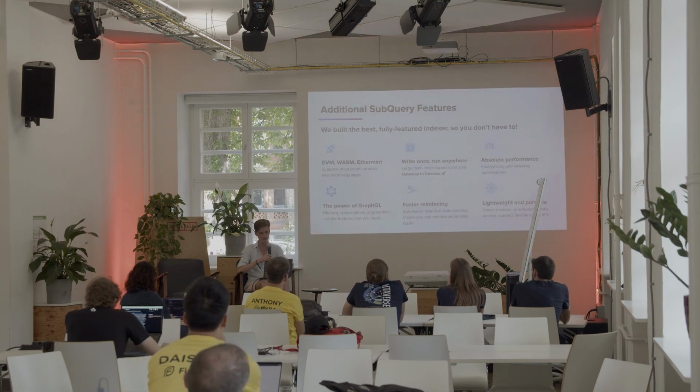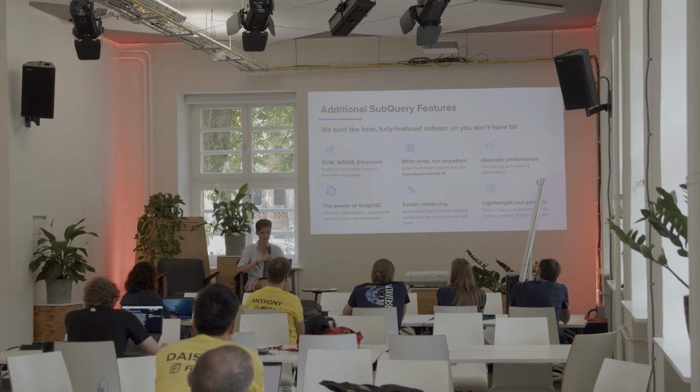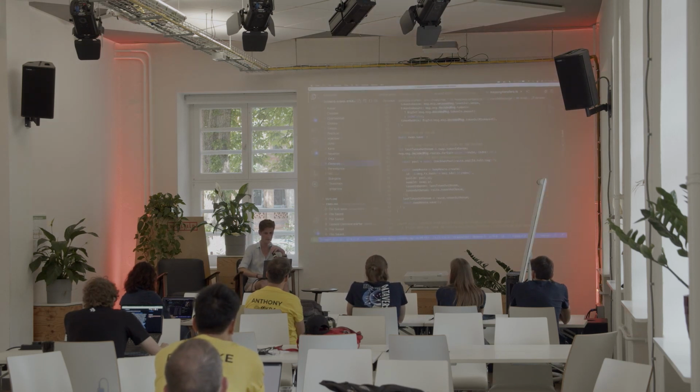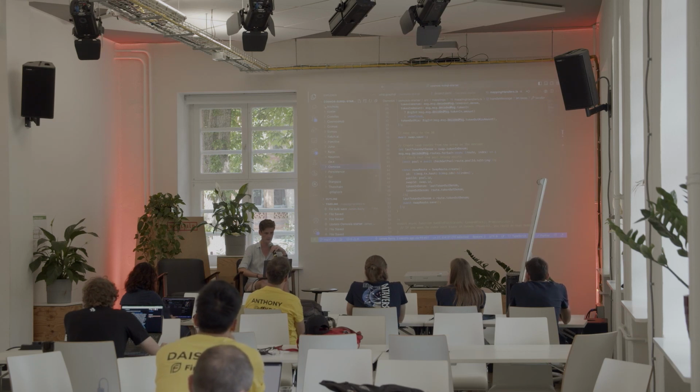I've already covered a lot of this stuff. It's all lightweight, it's all GraphQL, with fast re-indexing. Let me actually run one of these, because why not? I'll run one for Archway.